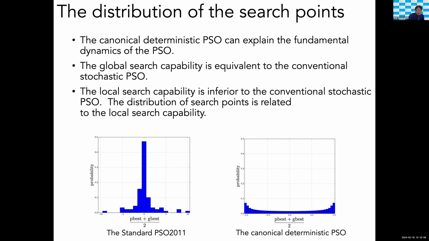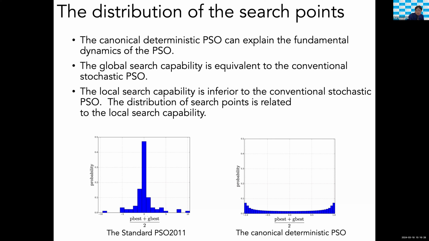The left diagram shows the distribution of search points for standard PSO, while the right diagram shows the distribution for canonical deterministic PSO.